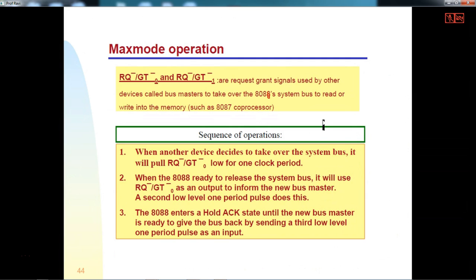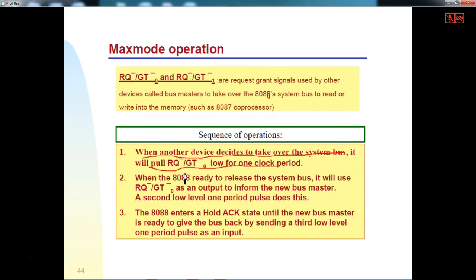When another device decides to take over the system bus, it will pull RQ/GT low for one clock period.